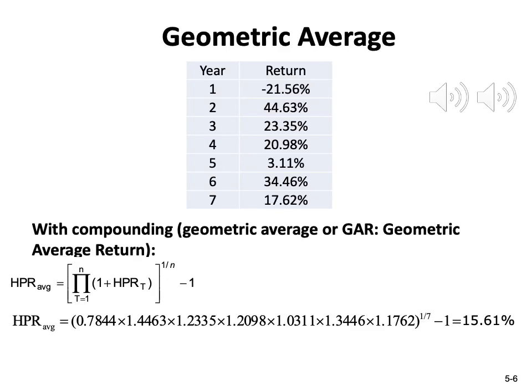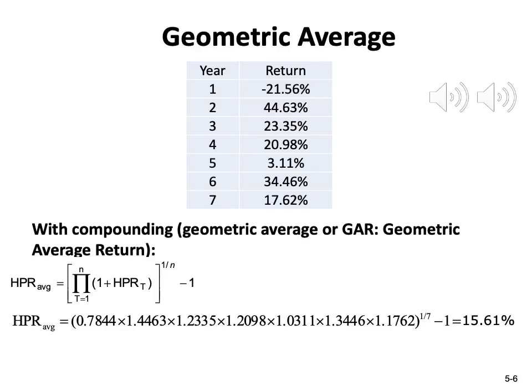So the first year the return is 1 minus 21.56%, times the second year's return, which is 1 plus 44.63%, times the third year, 1 plus 23.35%, and so on and so forth until the last year.